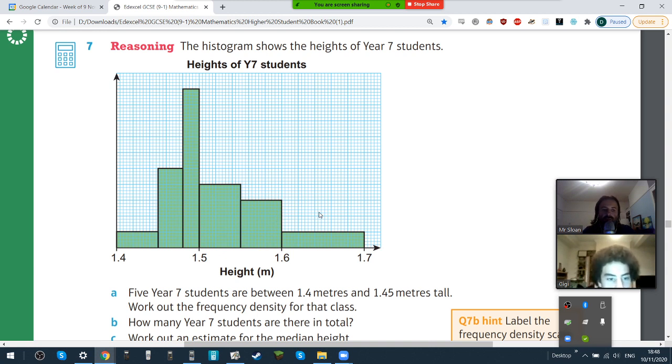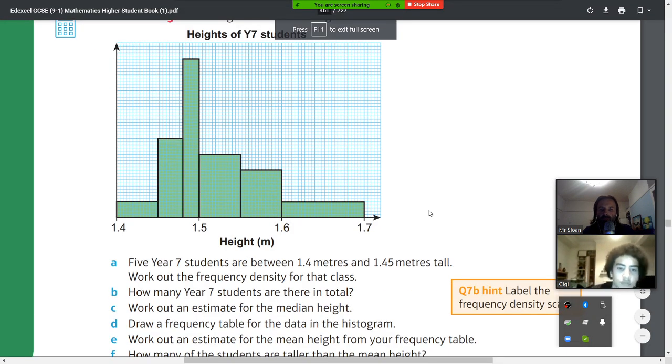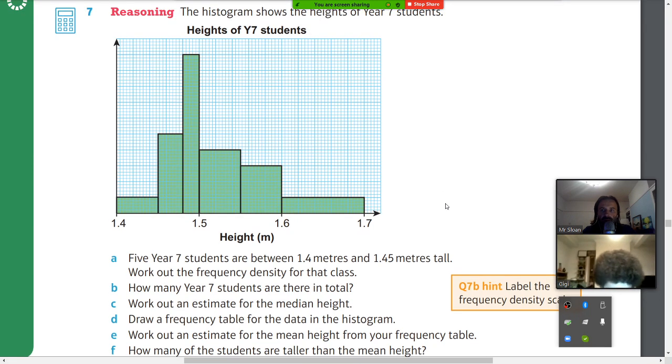So 5 are in between 1.4 and 1.45. So the area will be 5, I think.